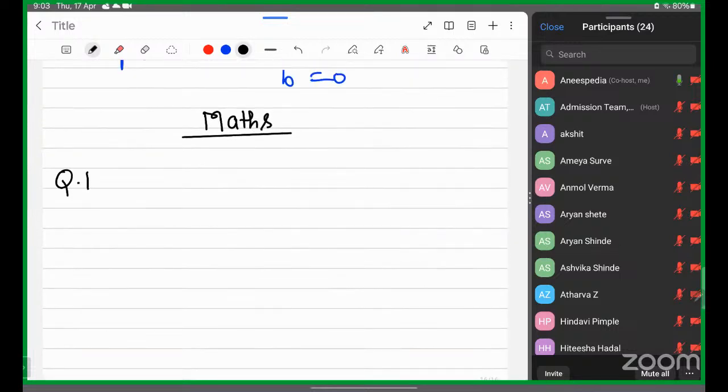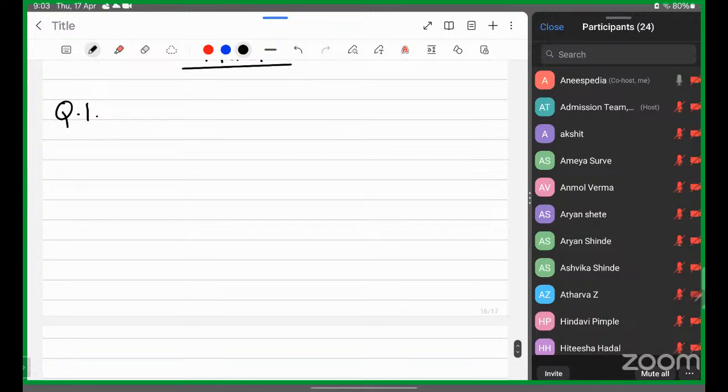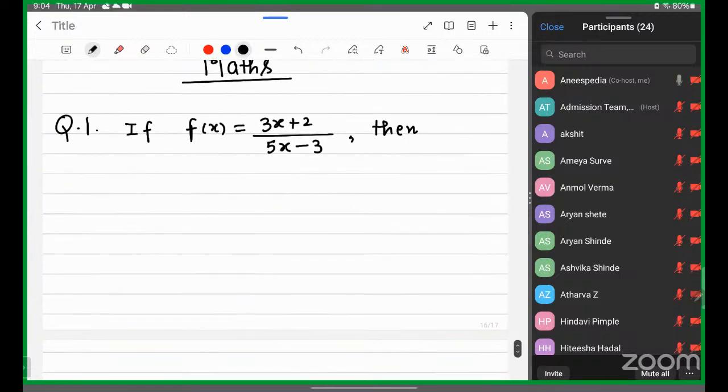First question is, if f of x is 3x plus 2 divided by 5x minus 3, then which is correct?